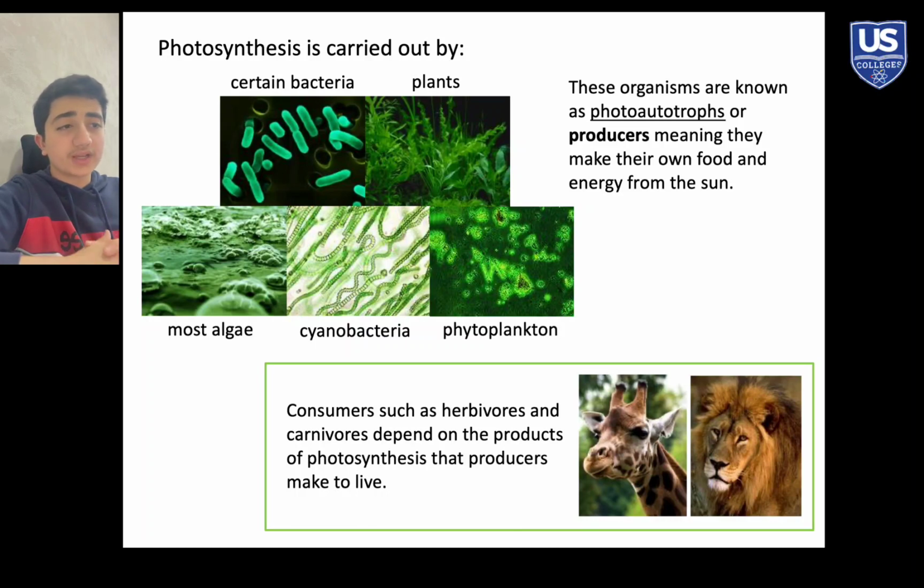We have cyanobacteria, phytoplankton, and way more. Alright, these organisms are known as photoautotrophs, or producers, we can say, meaning they make all their own food by photosynthesis. Consumers such as herbivores and carnivores depend on the products of photosynthesis that producers make to live.